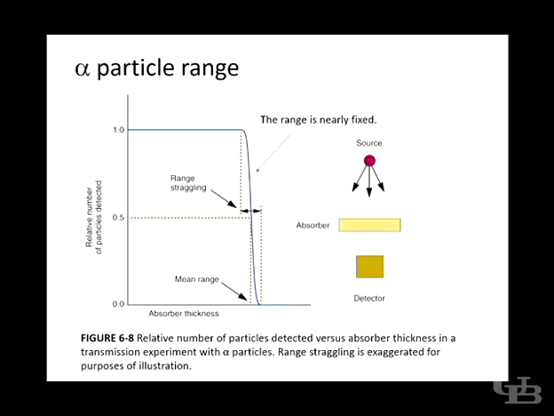The reason behind that is that alpha particles are heavy, so once you have one direction, they all go the same direction. So the number of interactions, or the rate at which they lose energy, are kind of uniform. One alpha particle compared to its neighbor, they are going through the same process.